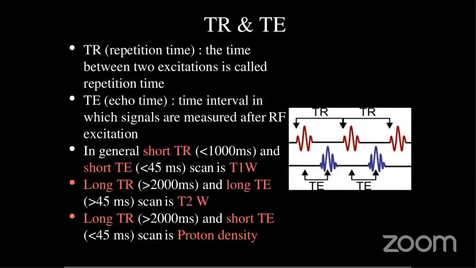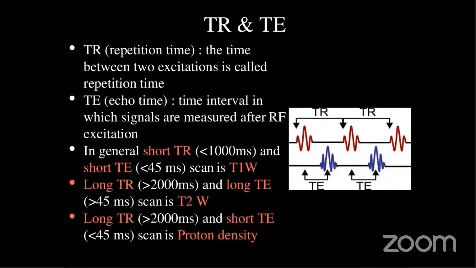TR and TE, again, you know what it is: repetition time and echo time. Repetition time is nothing but the time between two excitations, and echo time is the time interval in which the signals are measured after the RF excitation. So in general, you need to know about the two conventional sequences, that is T1 and T2 sequences.